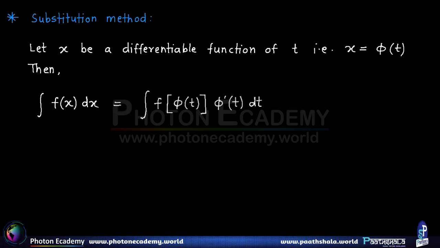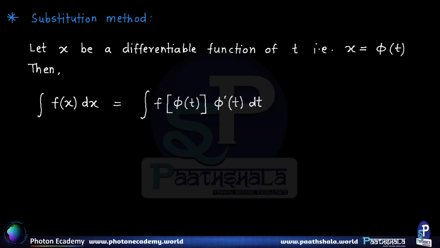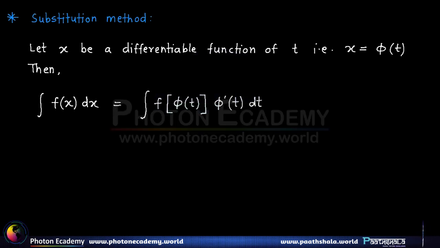The first method is the substitution method, and here is the statement of what we do in that. That is, let x be a differentiable function of t. We can denote x by phi of t, which is some function of t. Then the integral of f of x dx can be written as the integral of f of phi of t multiplied by phi dash of t dt.